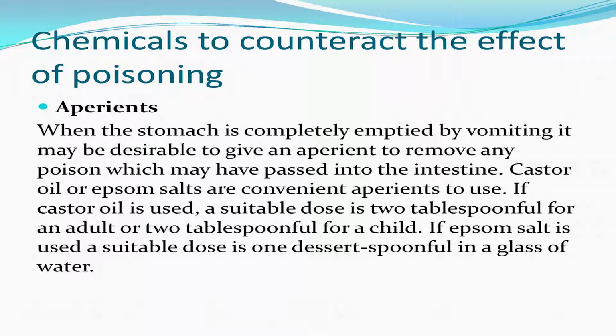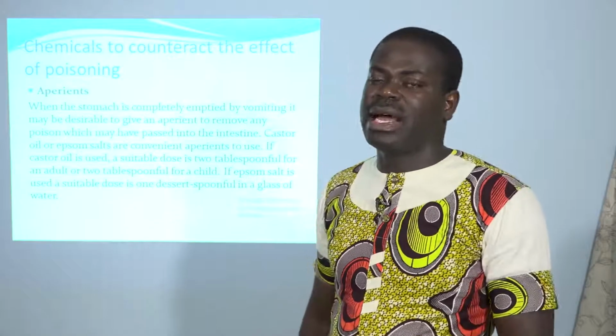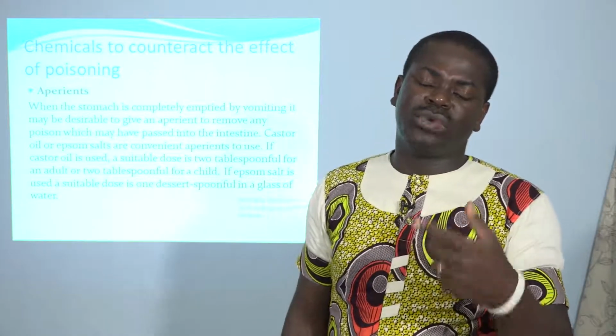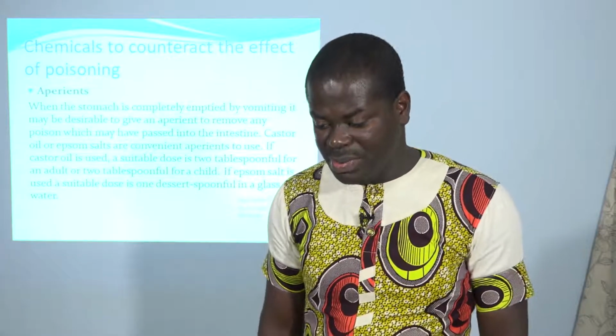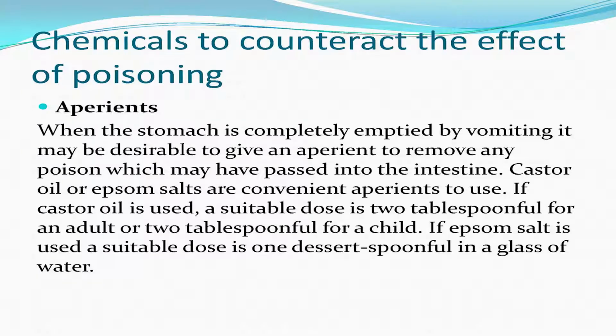So if someone takes in poison and some travels into the intestines, after an antidote is given to counteract the effect of the poison in the stomach, the remaining poison that traveled into the intestine is removed using aperients. Aperients are used to remove traces of poison that pass into the intestines. An example is castor oil and the likes.